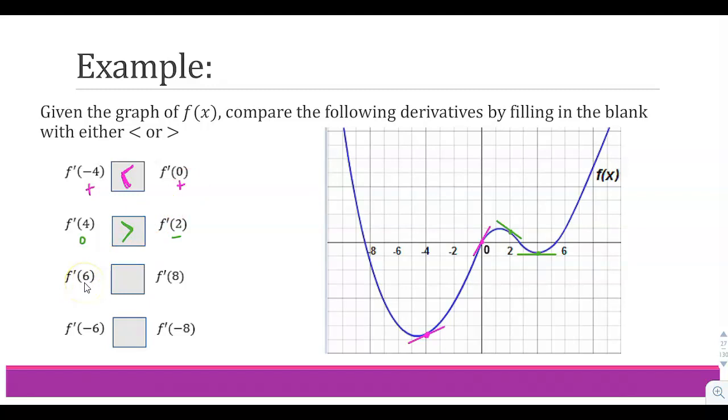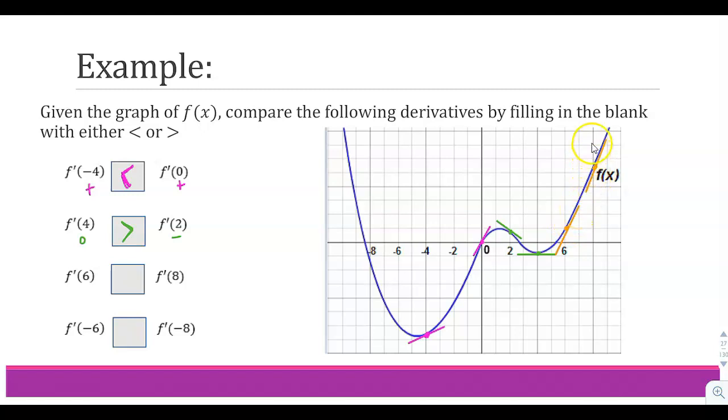We'll go ahead and look at f prime of 6 and f prime of 8 now. So let's start with f prime of +6 over here. If I draw my tangent line, this is what it looks like approximately. And then if I go over here to 8, and find the function up here, and I draw that tangent line, it's actually going to be a steeper line over here at the x value 8 than it is over here at the x value 6.